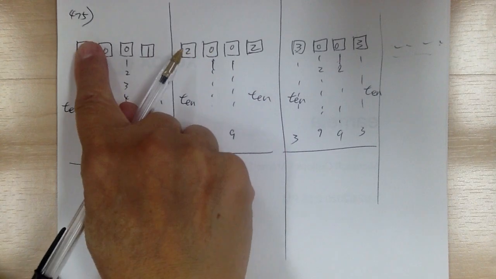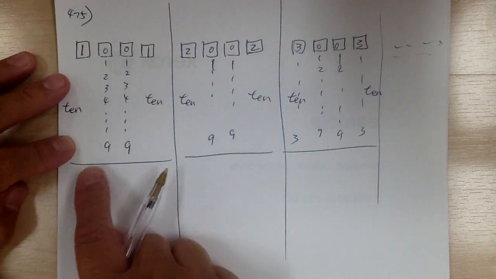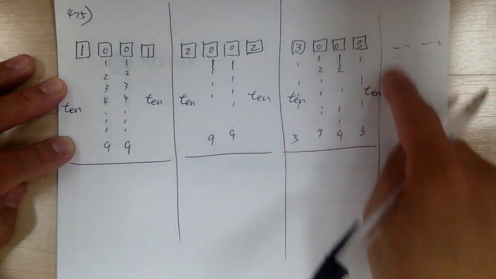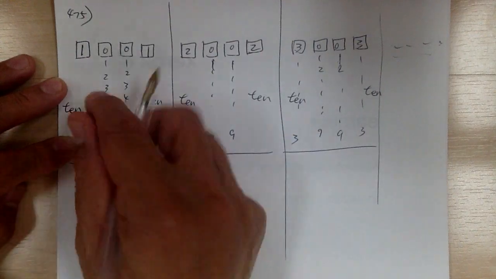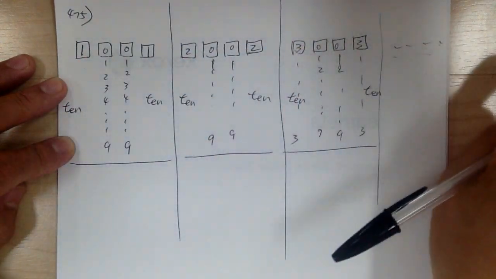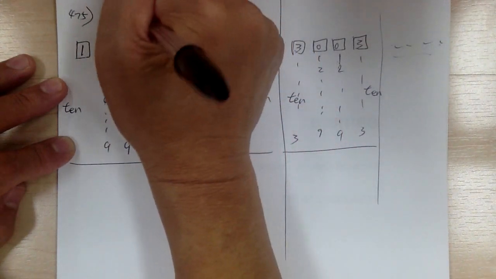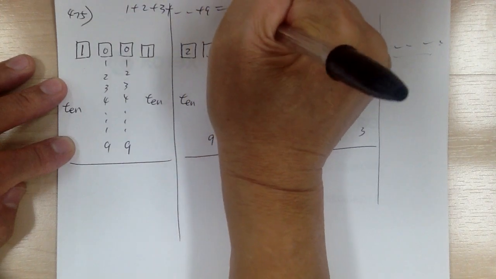So that's going to take care of the first digit first. So notice that there are 10 1s, 10 2s, 10 3s, 10 4s, and 10 5s. So basically, you're going to add 1 plus 2 plus 3 all the way down to 9, and there are 10 sets of these. Okay, so 1 plus 2 plus 3 all the way down to plus 9 is equal to 45.